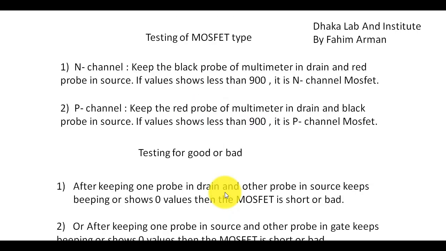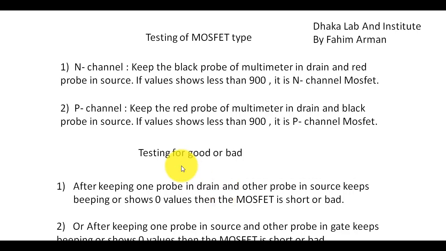And I will tell you some important things, how you will test and how you will know what type of MOSFET it is. Here I will give you some tips to know the MOSFET type.